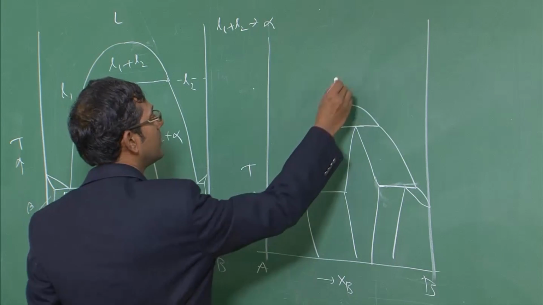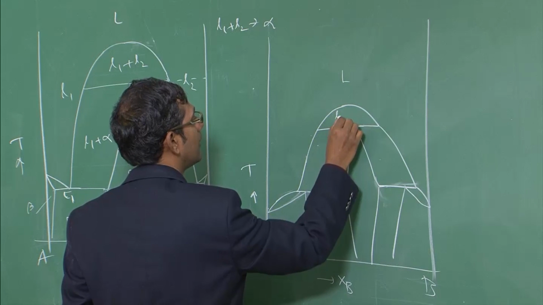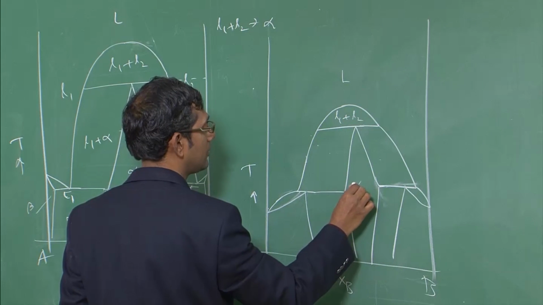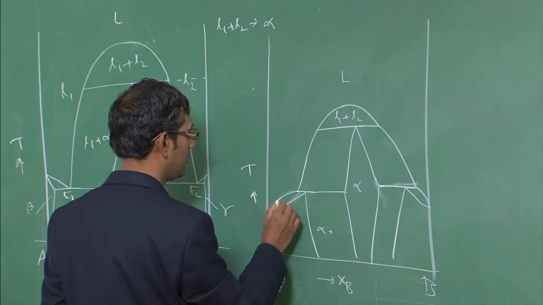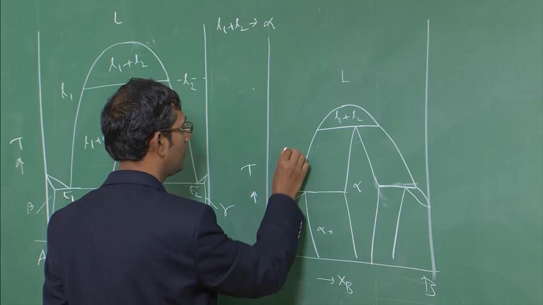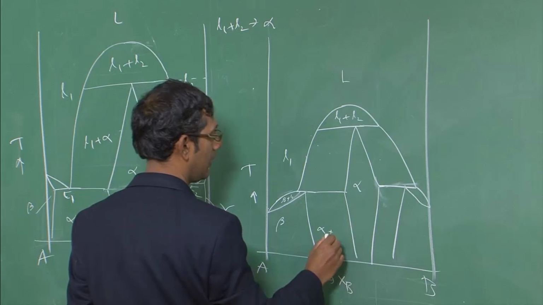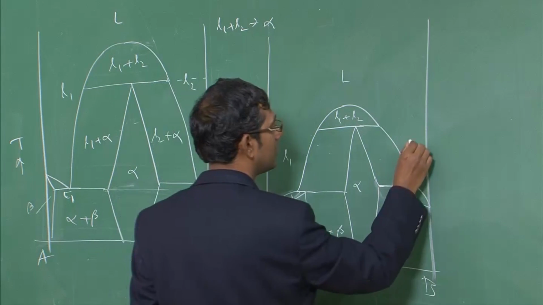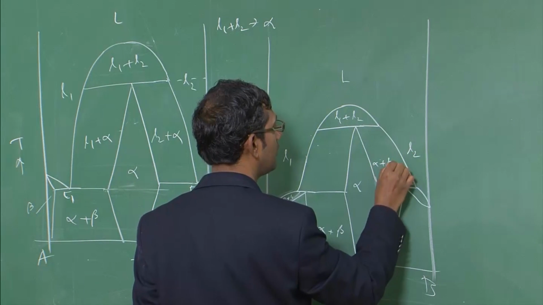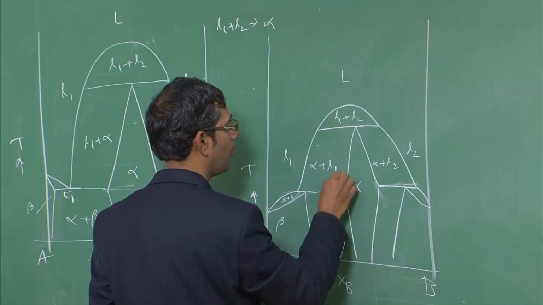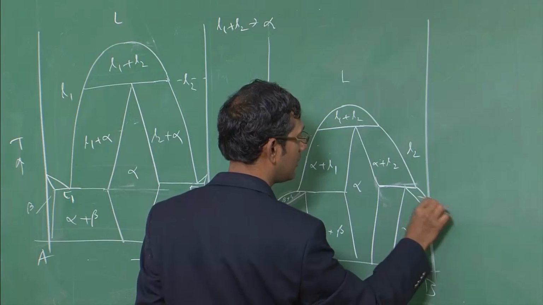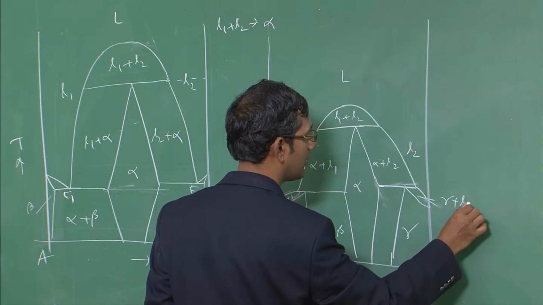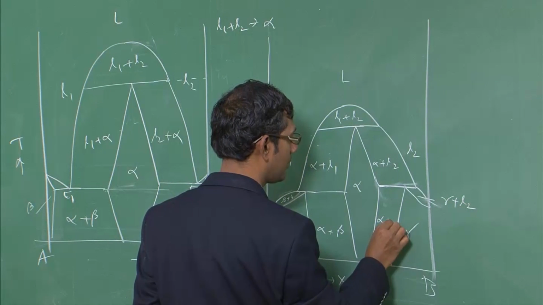Okay. So, this is L1 plus L2, this is alpha, this is your beta, beta plus L1 and alpha plus beta, this is L2, alpha plus L2, alpha plus L1, this is your gamma, gamma plus L2 and alpha plus gamma.